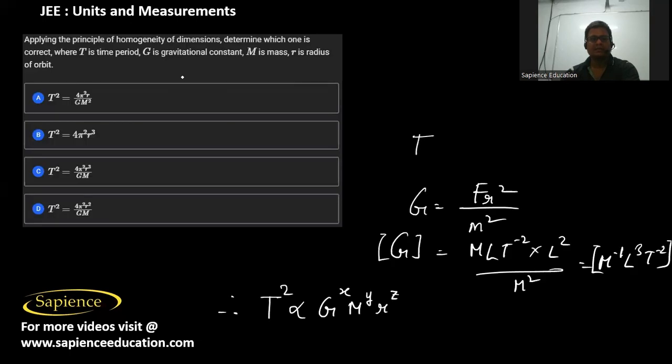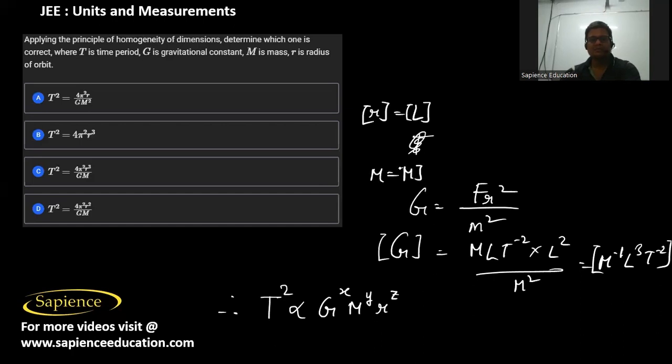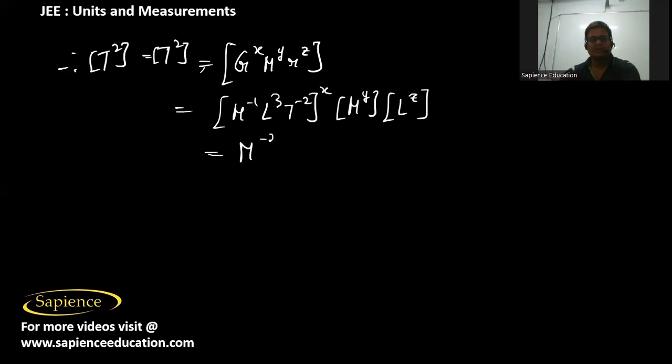R means radius, so the dimensional formula for radius is length only. And the dimensional formula for mass is mass only. So this will be equal to G, that is M power minus 1 L power 3 T power minus 2, whole power x, into M power y into L power z. So this will be M power minus x plus y, into L power 3x plus z, into T power minus 2x. So that should be equal to T square.